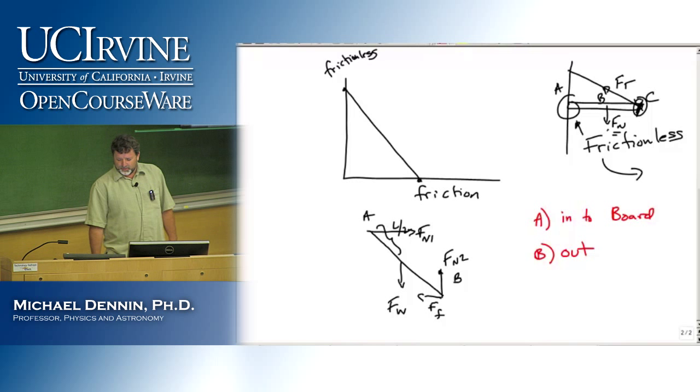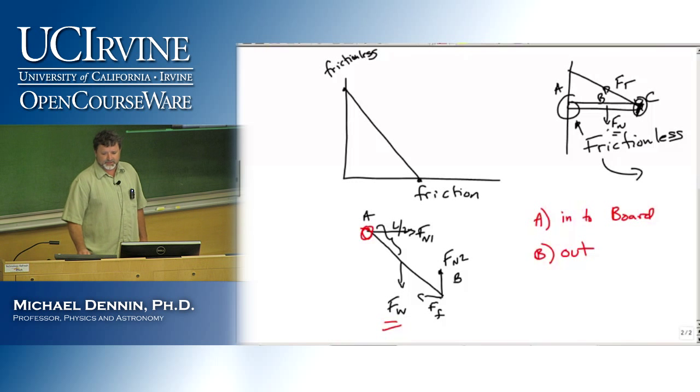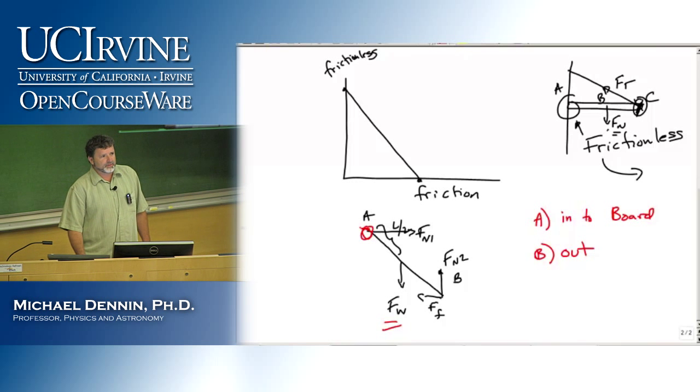Is the weight around point A going into the board or out of the board? So we're doing the weight around point A. In or out of the board? 5 more seconds. 4, 3, 2, and 1.